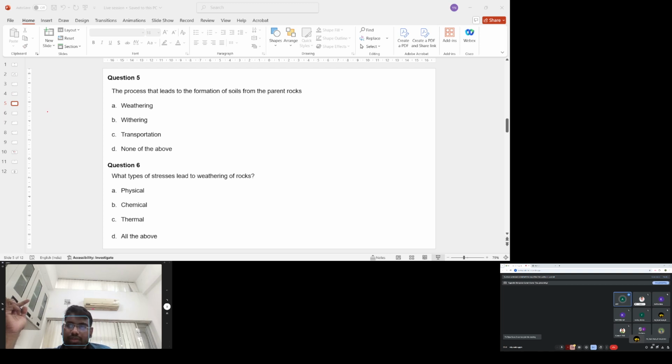The next question is, what type of stresses lead to the weathering of rocks? Option D, both physical, chemical, and thermal, all of the above.